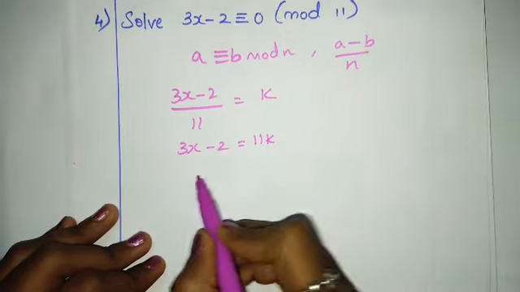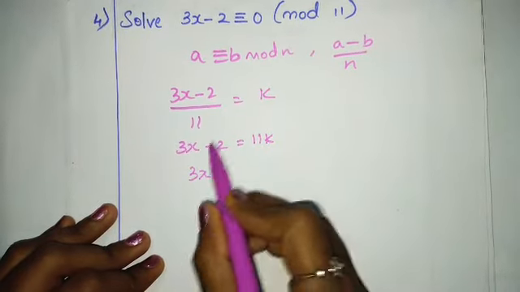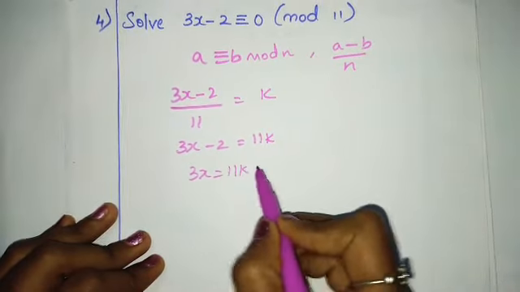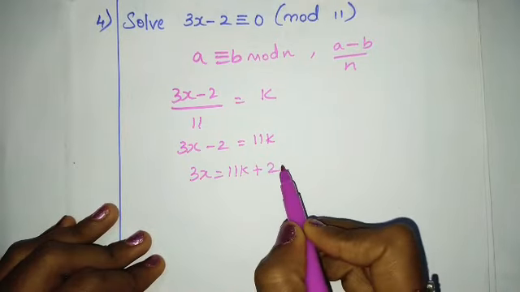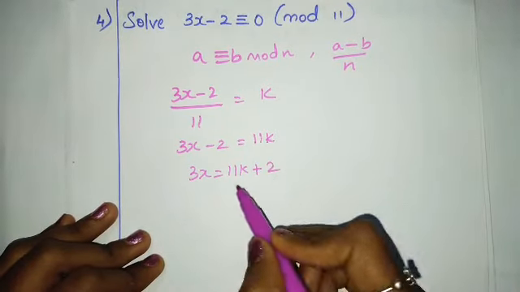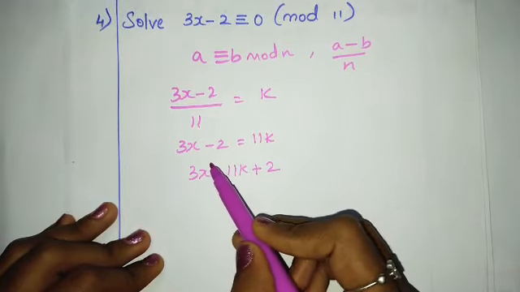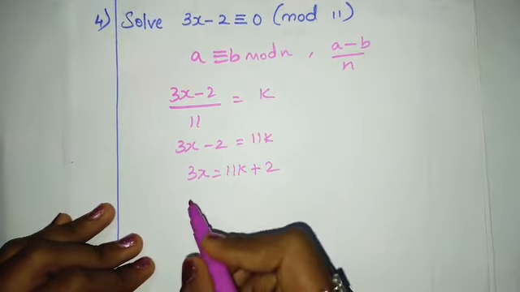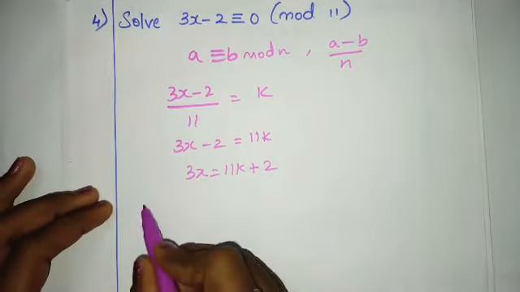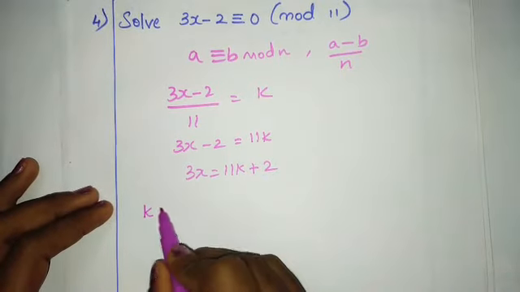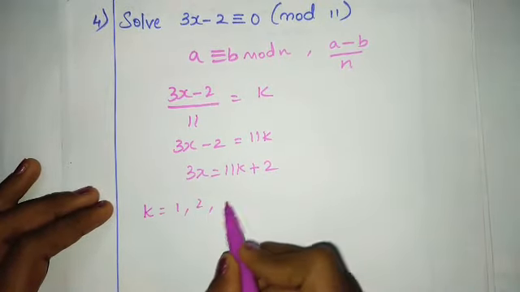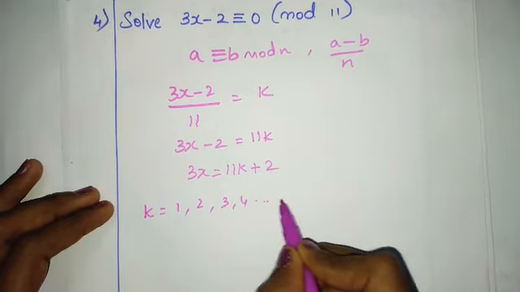Got it? Now I'll keep this 3x here and shift this minus 2 to that side, which becomes plus 2. So now you have to apply some k values so that you get different x values. Now let me take the k value as 1, 2, 3, 4 and so on.